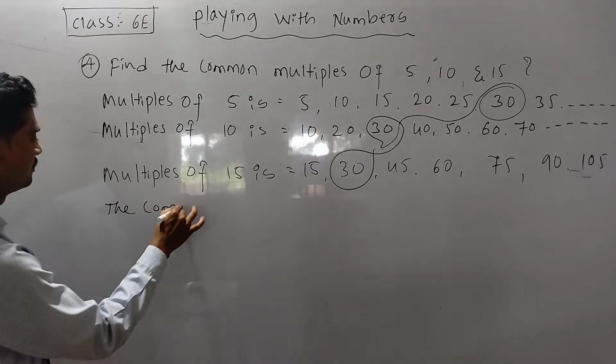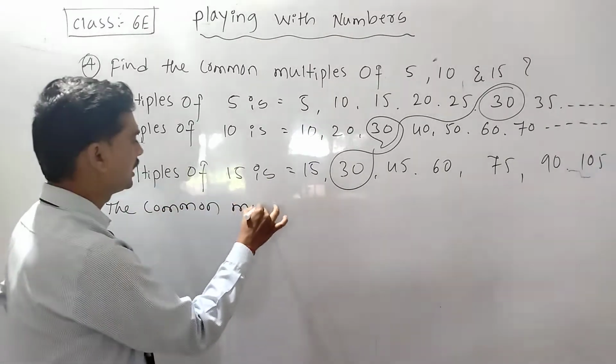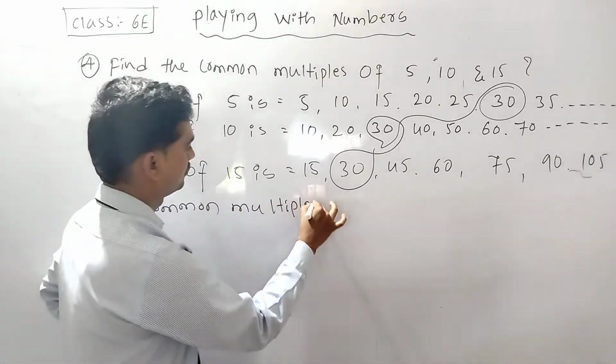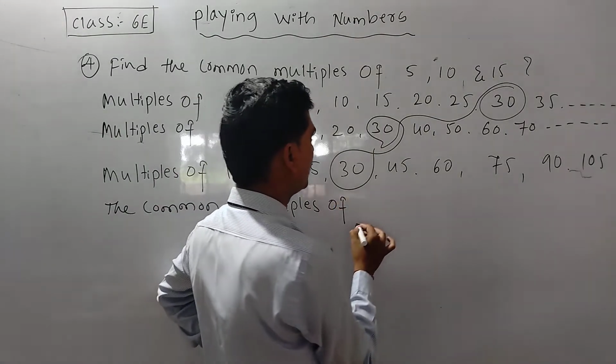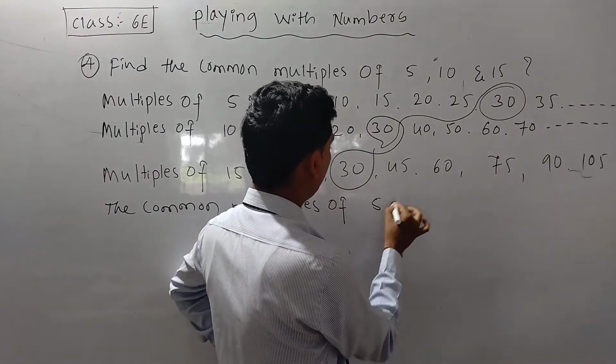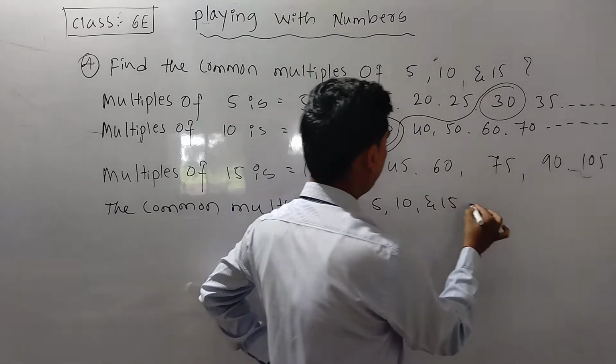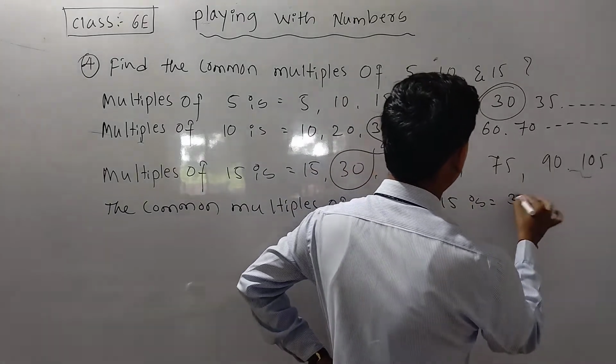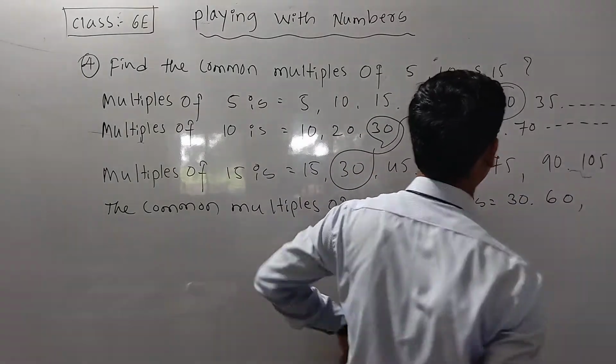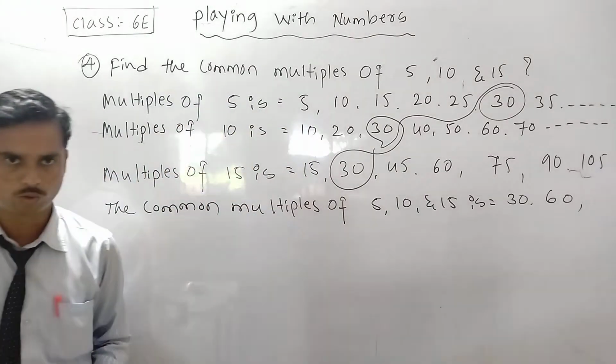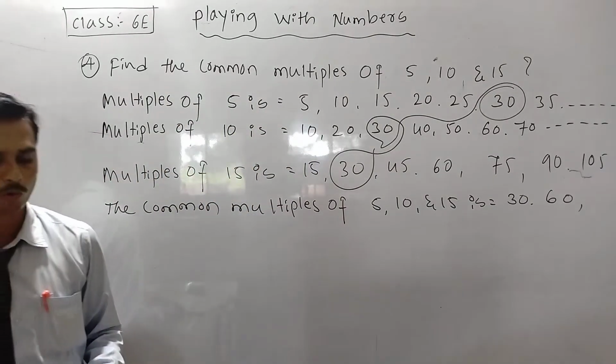The common multiples of 5, 10 and 15 are 30, 60, and so many others. Okay, write down this one, it's very important.